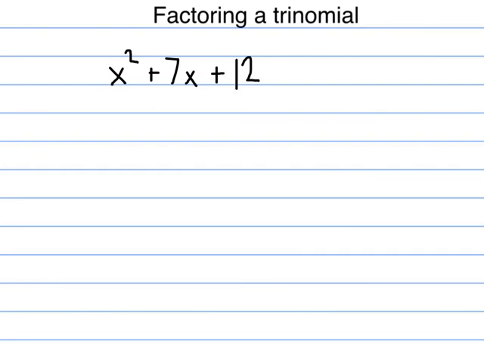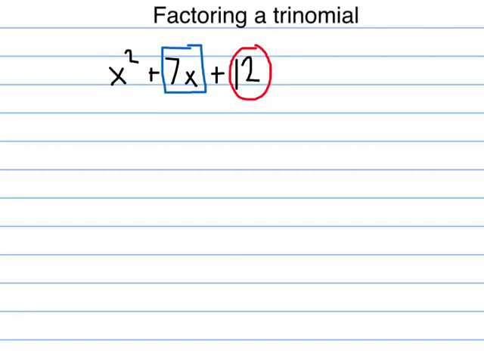The next thing you'll want to do is, sorry, first we want to make sure that we have a 1 on our x squared. After that, let's look at the 12. We need to think of the factors of 12, and then we have to combine that with what's in the second term, the 7x.